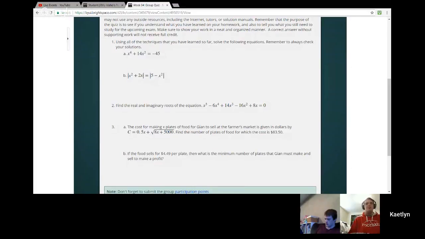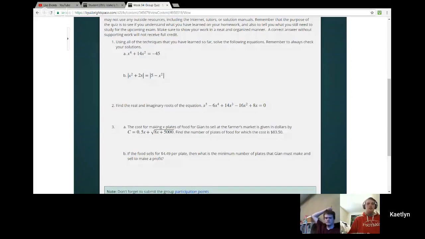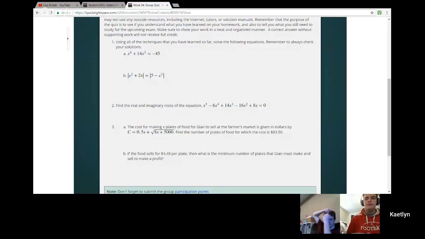It comes out negative because he has to have that minimum, otherwise he's losing money. I'm assuming that's why that's negative. Yeah, I was thinking the same thing. And so as soon as he makes 624 plates, he starts making money, but the minimum is 623. Yep.